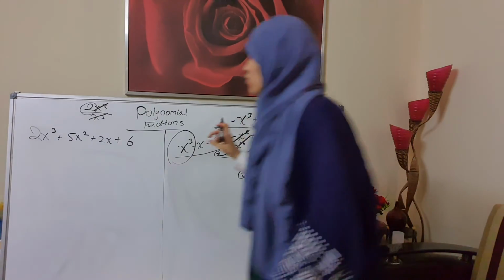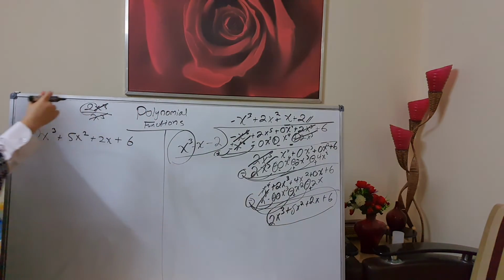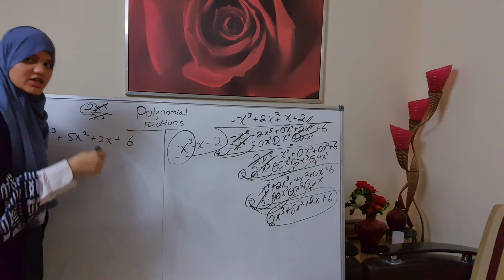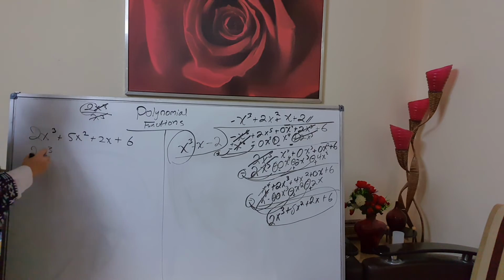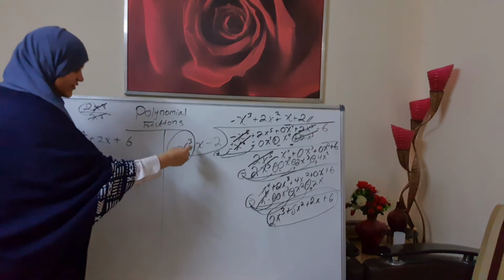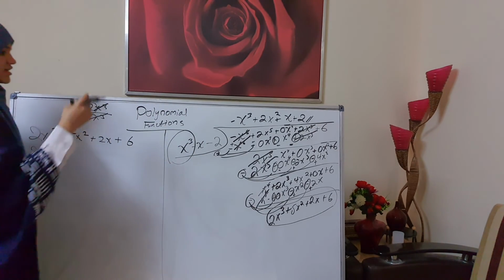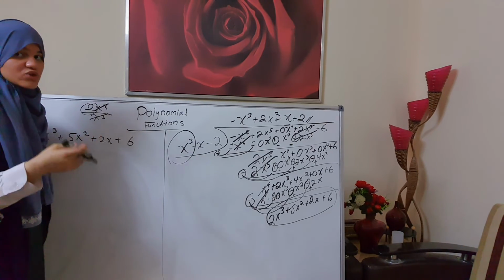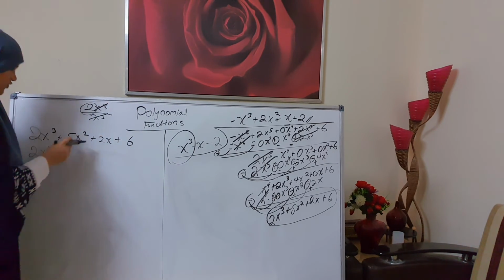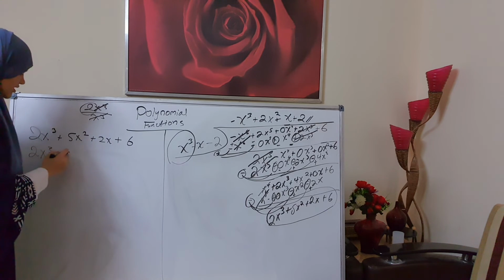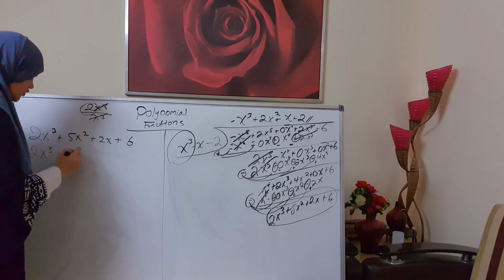Now let's do it together. 2 times x to the power of 3 is equal to what? 2x to the power of 3, right? So here it will be 2x to the power of 3. Then 2 times negative x will be negative 2x. So that means we don't have x squared, so we'll put 0 here: plus 0x squared.